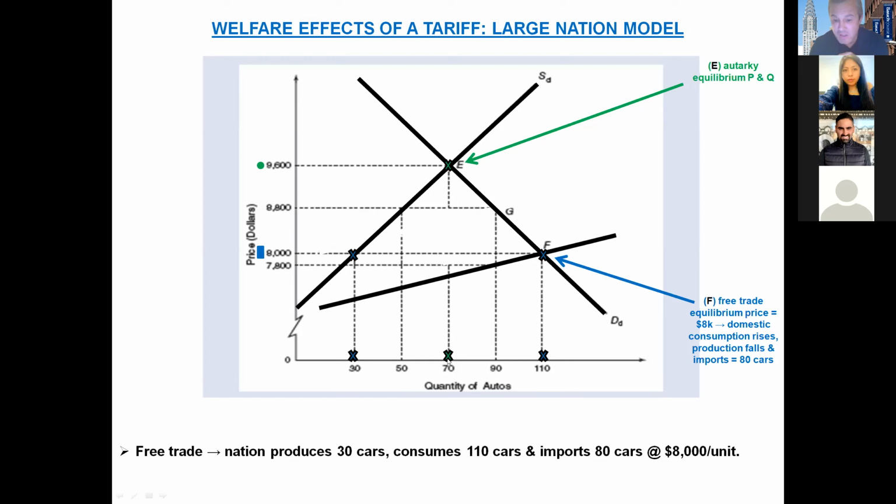At free trade, the nation, which is a large nation, is going to produce 30 cars instead of 70, but it's going to consume 110 cars, which represents what? It represents imports of 80 cars. So domestic consumption is increasing, domestic production is falling, and imports are increasing. Okay? So the nation went from $9,600 a unit at autarky to $8,000 a unit once trade begins.